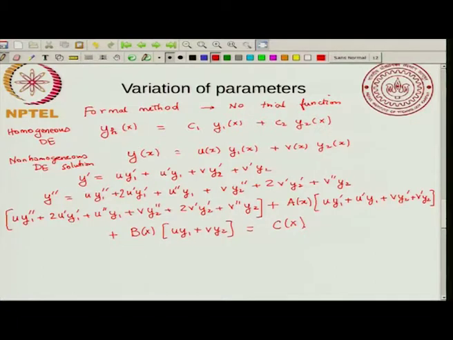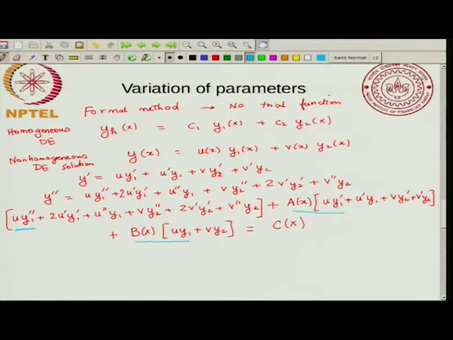What you can see immediately is that y1 and y2 are solutions of the homogeneous equation, so they satisfy the homogeneous differential equation. Look at b times y1, which has a u in front, then y1 double prime with a u in front, and a times y1 prime with a u in front.